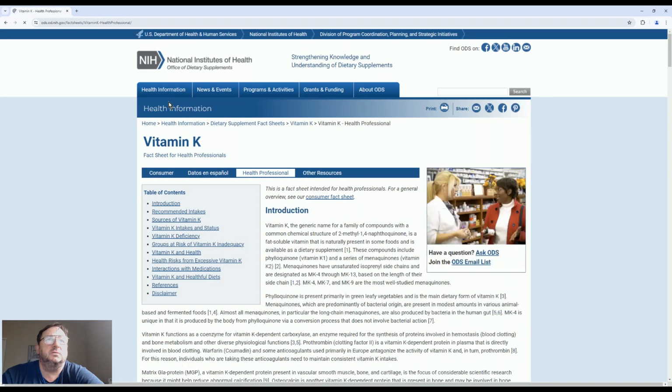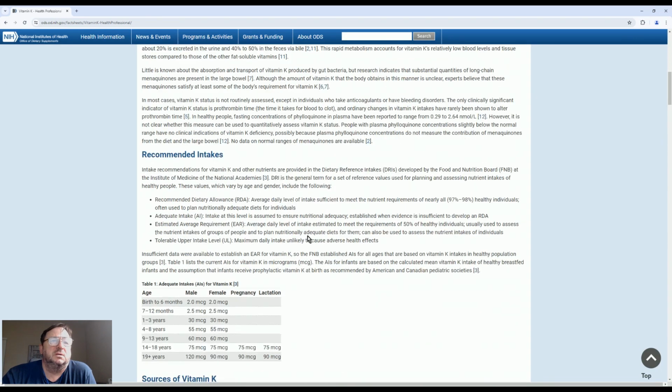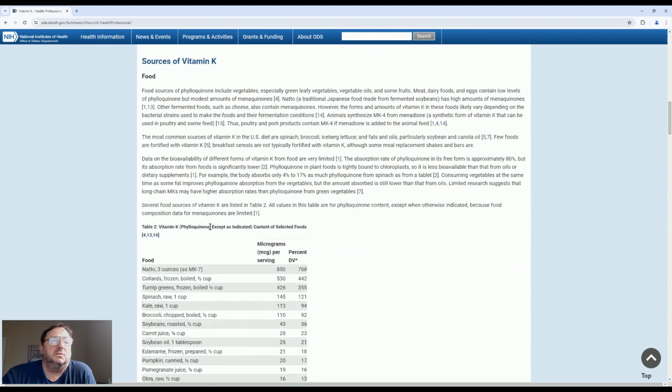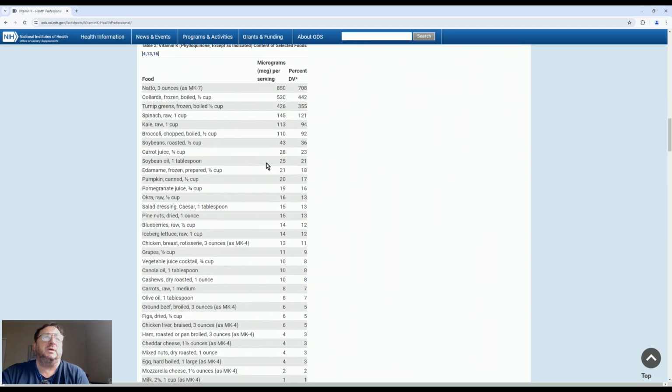Okay, this is nutritional facts. This is a government site, .gov. So you need to look at nutritional facts. And you need to find, like this one, MCG. So you can copy and paste somewhere.